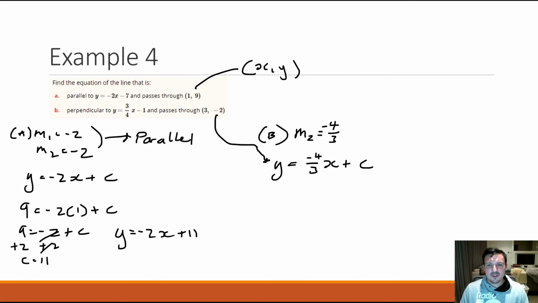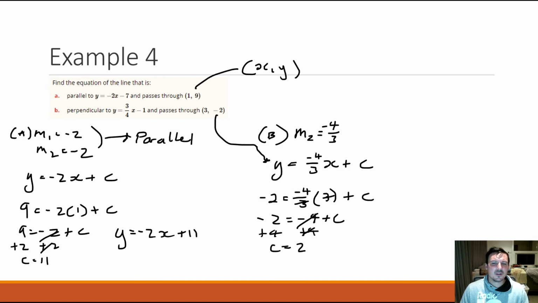So we're going to have y is negative 2 equals negative 4 over 3 times 3 plus c. We should see that the 3's cancel out here to give negative 2 equals negative 4 plus c. Add 4 to both sides, and c equals 2.